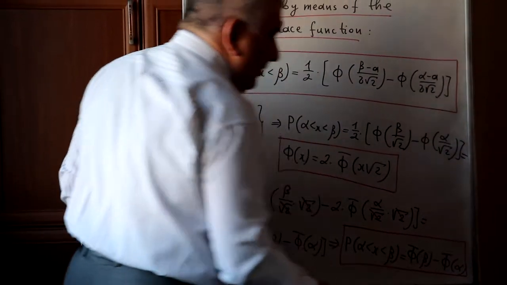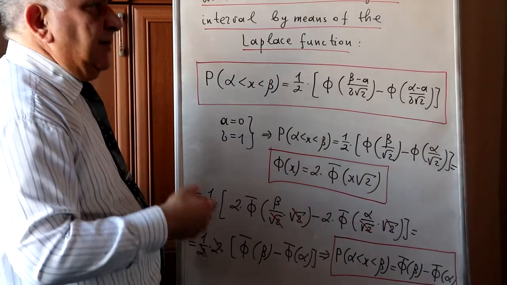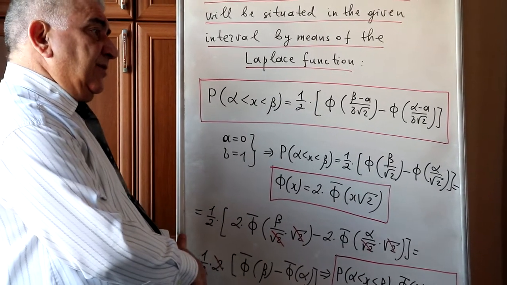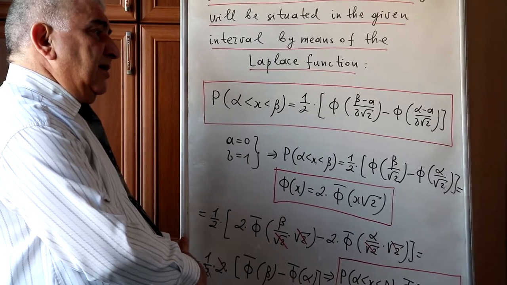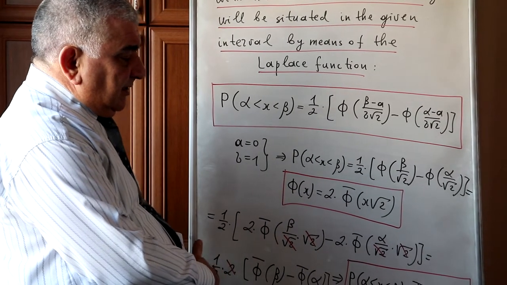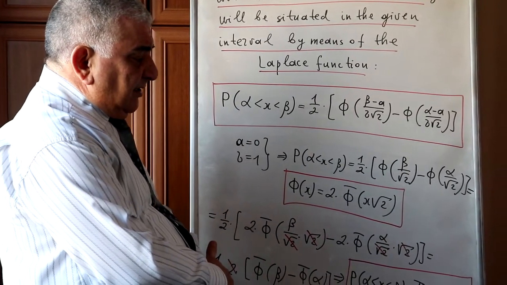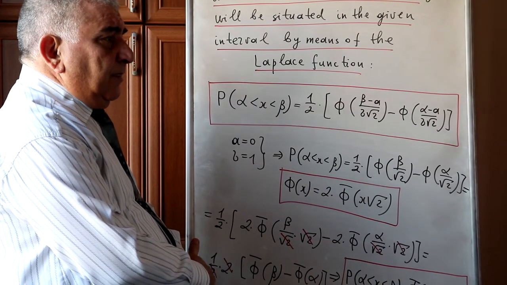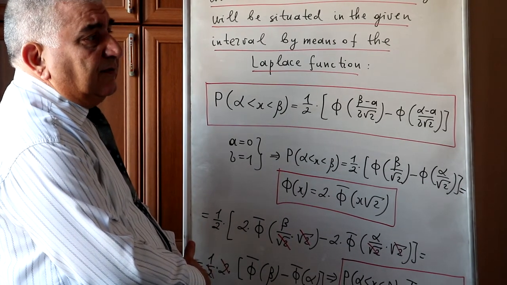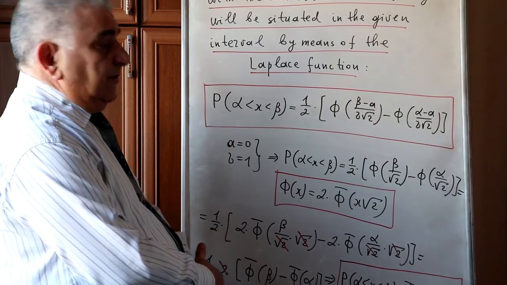It is the increment of the Laplace function, and it means the probability that a continuous random variable with a normal distribution density will belong to the given interval alpha, beta is the increment of the Laplace function, that is the difference of Laplace function values at the endpoints of the given interval.